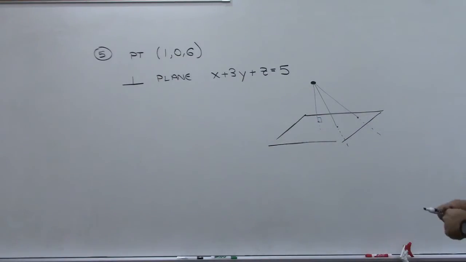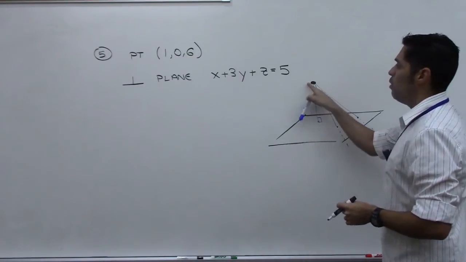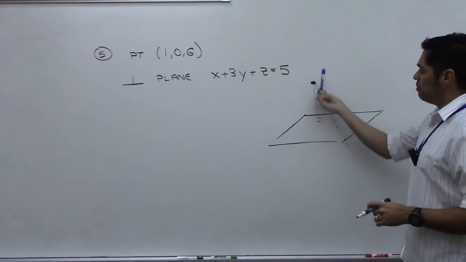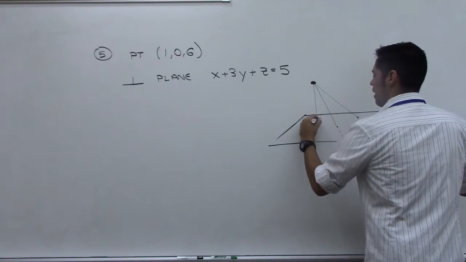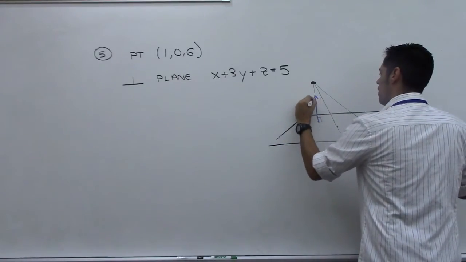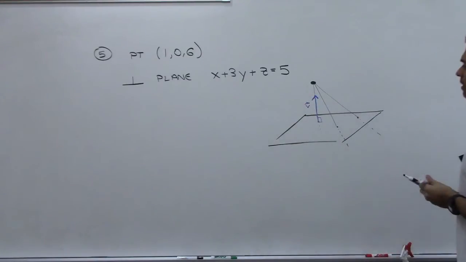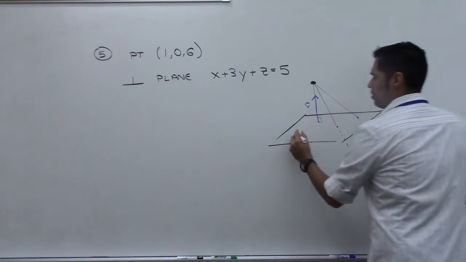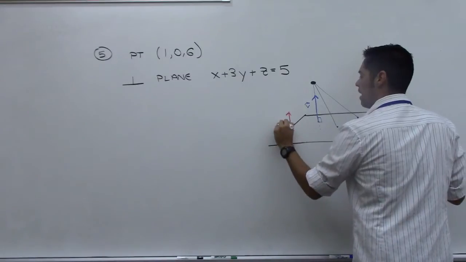So what we notice is that we have a point on the line. That's good. All we need is the direction. The direction of this blue segment, I could call my V. That direction is parallel to the normal vector that comes out of the plane.